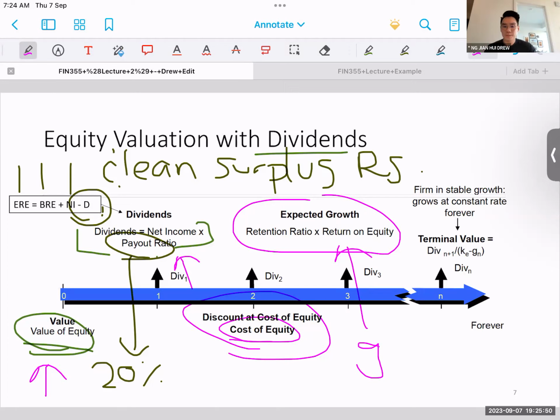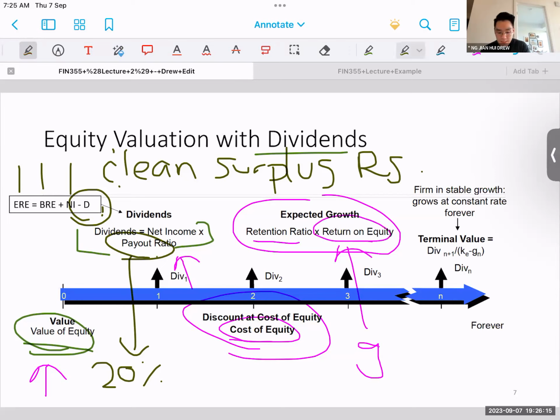And so how do we get this growth factor that we used in the last lecture? We need to calculate G. And one of the ways to calculate G is that since we are taking the stand of valuing an equity and we are using the cost of equity, then we just take the retention ratio multiplied by the return on equity.